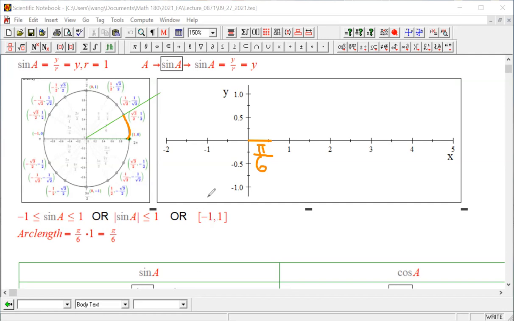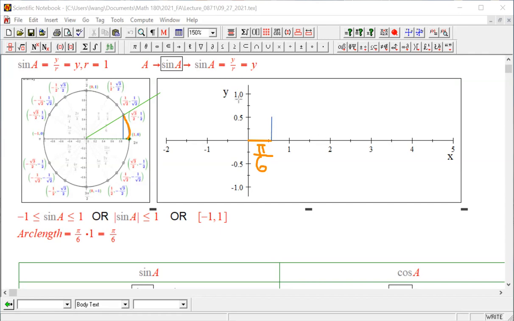Now, what is the sine ratio? The sine ratio is a blue number. So this half, this blue number, what is the blue number here? The blue number in this picture is going to be just this height. And that same height is going to be taken right here, half.